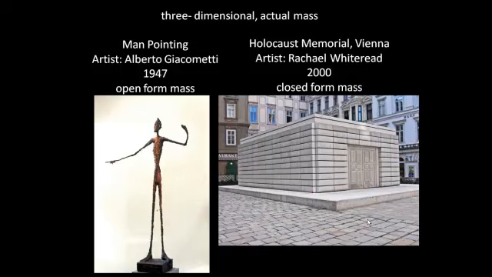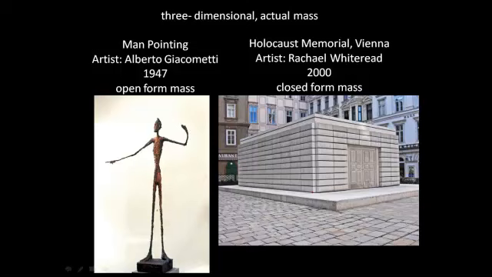We have no openings and nothing that is coming out into the space around, closed form. Now over here, the Giacometti sculpture, this is an example of an open form mass. Openings in the mass, right? You have spaces in the mass, which you see here, and you have parts of the sculpture that come out into space as well.